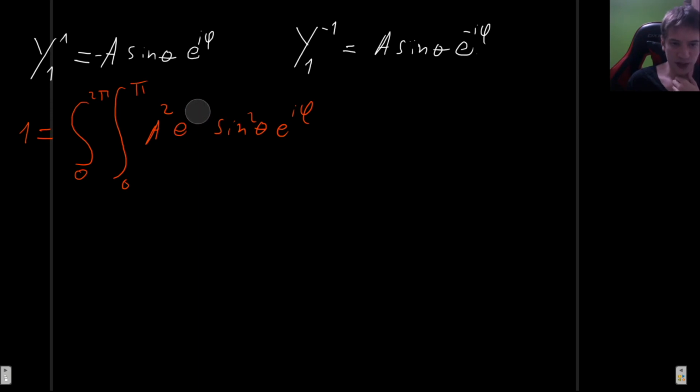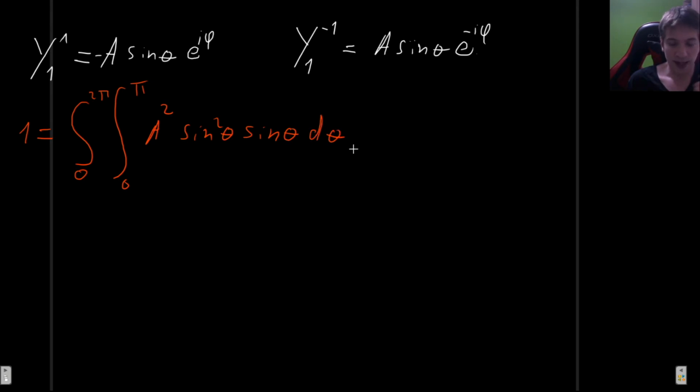So the exponentials will cancel out as well. And in fact, we can see now that if we do the same procedure for this other harmonic, we will see that we get the same thing. Because the difference was in the minus sign here, which cancelled out, became positive, and in the exponential, which also just cancelled out.